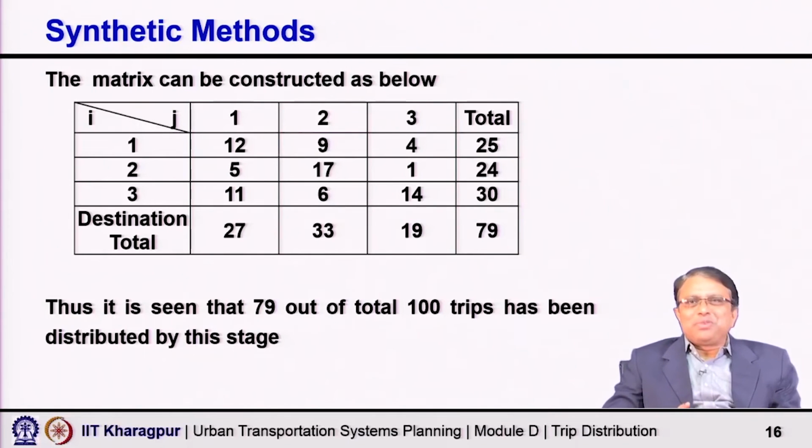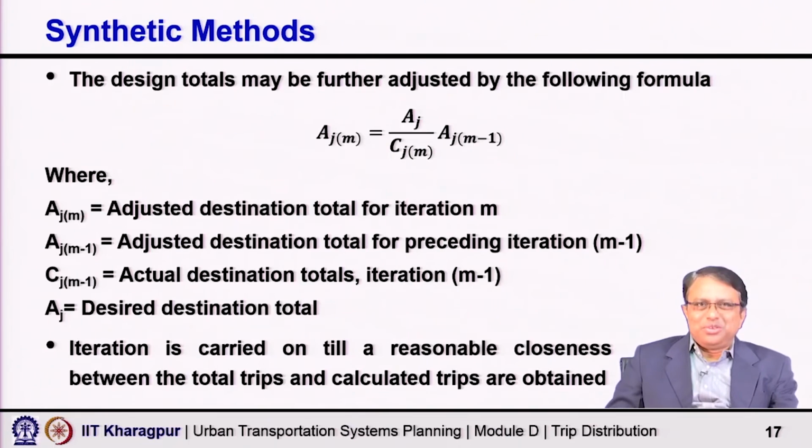Okay. So, the same kind of thing I have shown you earlier when I talked about how these adjustments are required for the singly constrained gravity model. The same way you can do it here. I have only shown you the formula. The design totals may be further adjusted using the following formula. Now, you will think that my attractions are different, so modify the attractions.